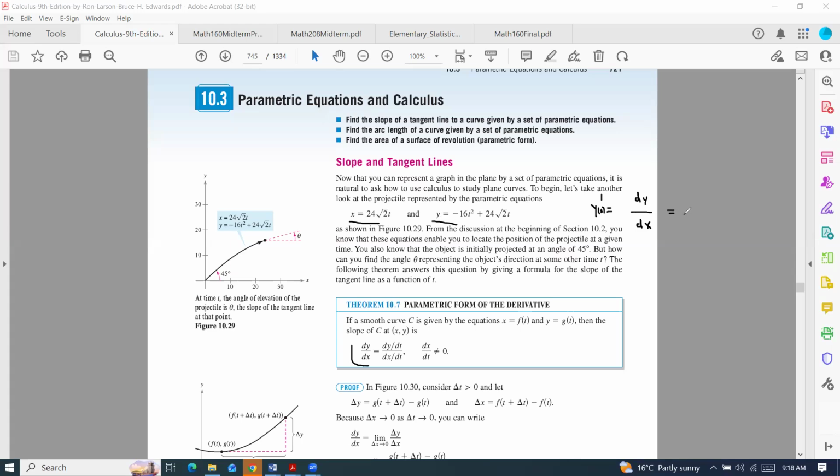So I take my y prime and divide it by x prime with respect to the variable t, because now we're given those functions with respect to our parameter. Now I can find y prime using the methods of differentiation we already learned. The variable now is t, so the derivative of t squared is 2t.